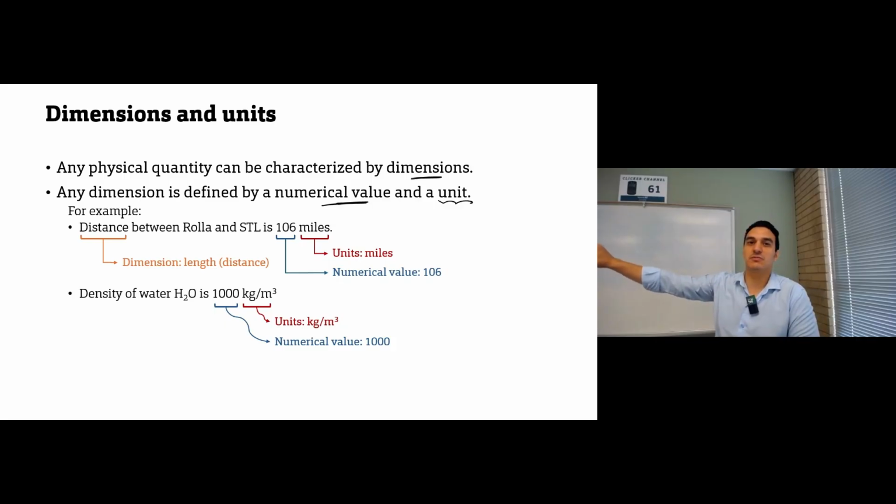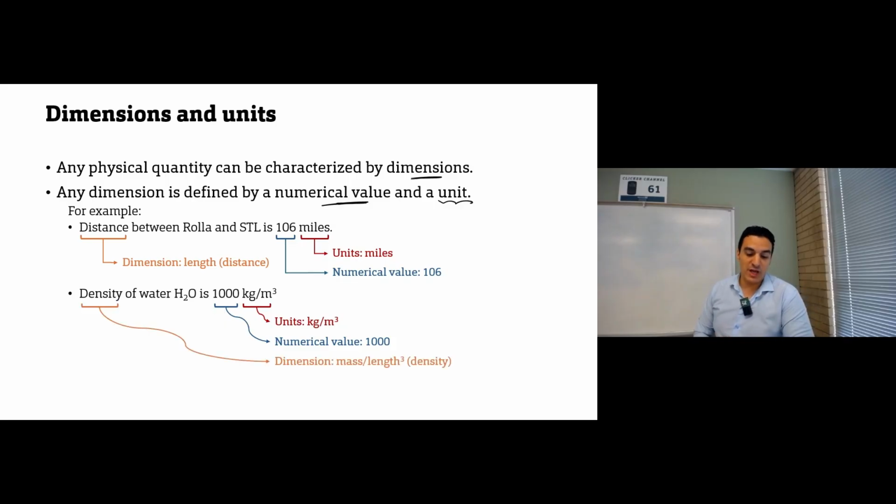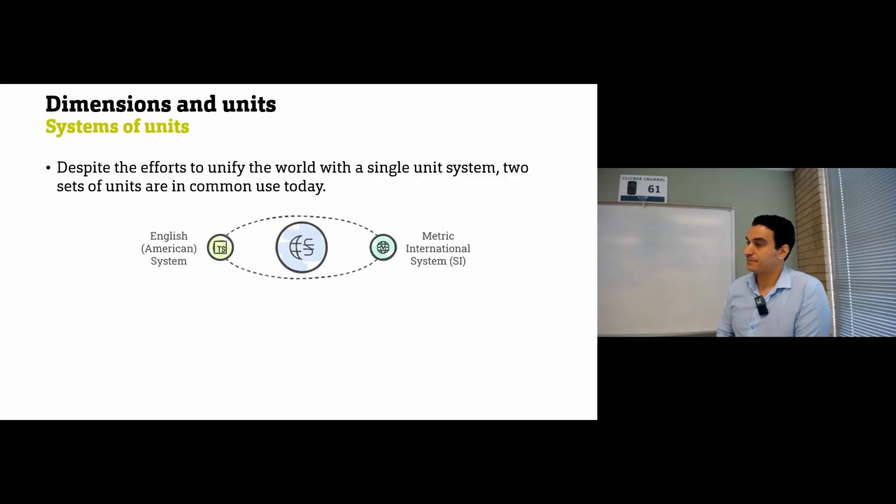Kilogram represents what? Mass. Meter cube is volume, or length cube. So the dimension of density is mass by length cube. Make sure that any measurable quantity has a dimension, a numerical value, and units. You should consider all of these things.